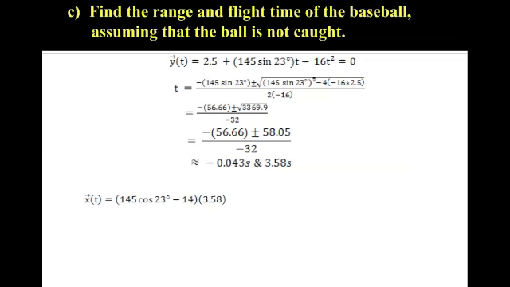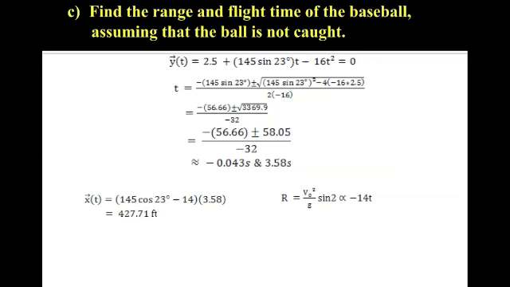So we are going to plug this into the x component to find the range. So we have (145 cos 23 minus 14) times 3.58, which would give us 427.71 feet. And we can use the range formula, which is v naught squared sine 2 alpha over g.